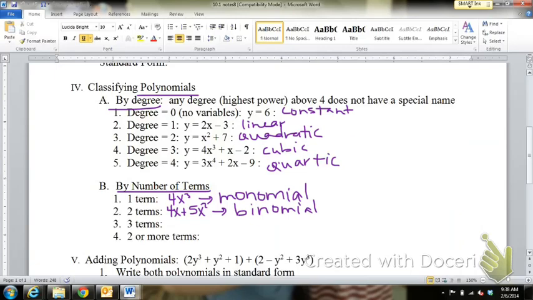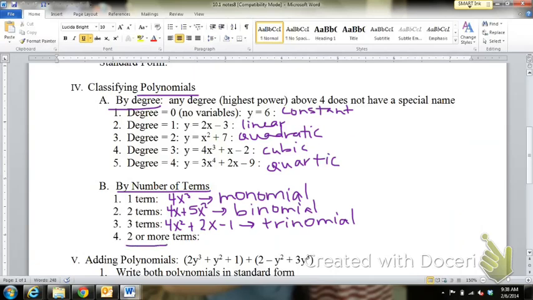If you have three terms, 4x squared plus 2x minus 1, 1, 2, 3 terms, that is a trinomial, because tri means 3. And then anything more than 3 doesn't get a special name.